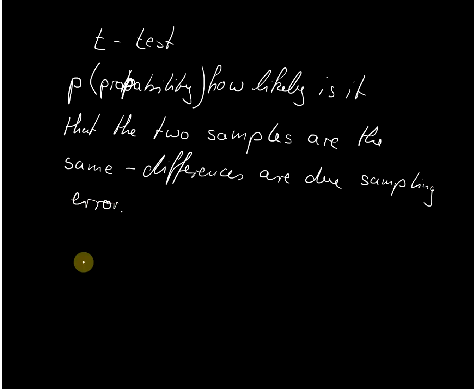So for example, if we get a probability P, in this case, say it is 50% or 0.5, then it means there's a 50% probability that these samples are the same and the differences are only due to the sampling error. Now, is 50% good or bad?